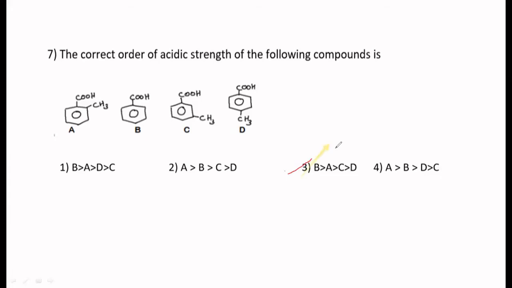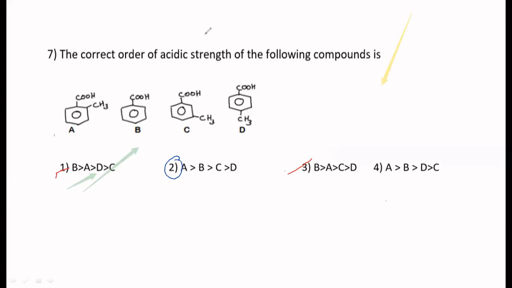B greater than A greater than C greater than D. Three students have answered that. Anyone else? Anybody want to try? The concept-based question. Actually, the correct option is option 2.